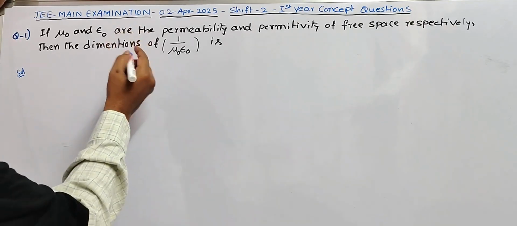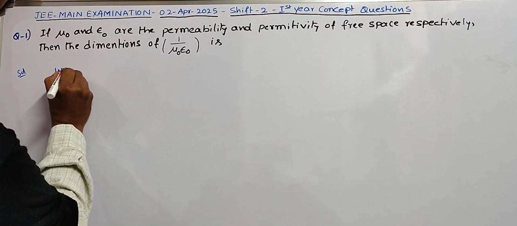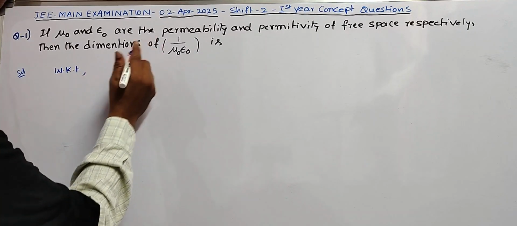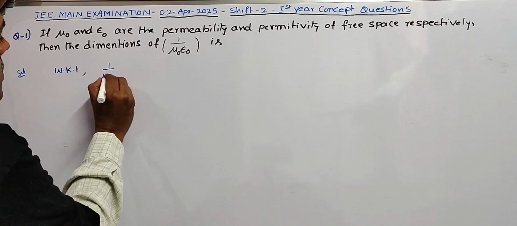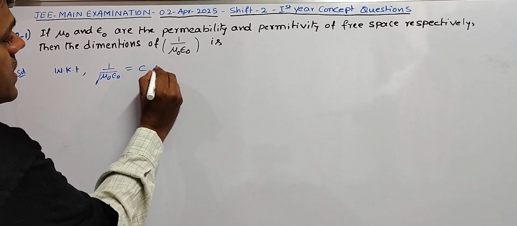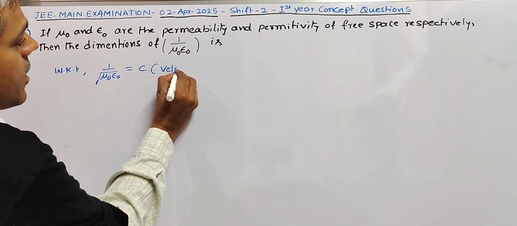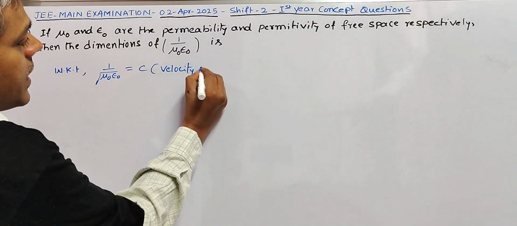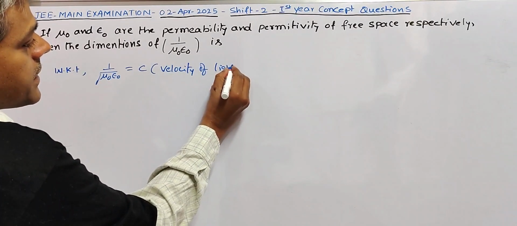We know that 1 by under root of mu naught epsilon naught is equal to C, the velocity of light.